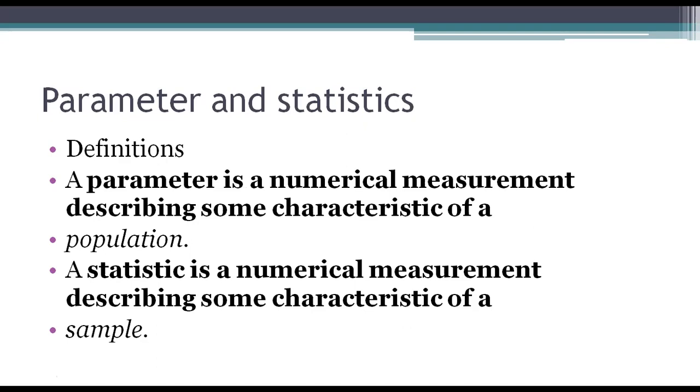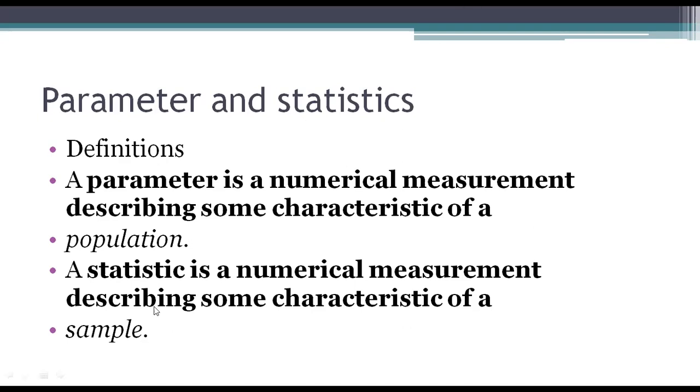And when you choose some sample from the population for the sake of your energy and time, then you also need some formulas to analyze it and to make conclusions about it. But now these measurements are called statistics.